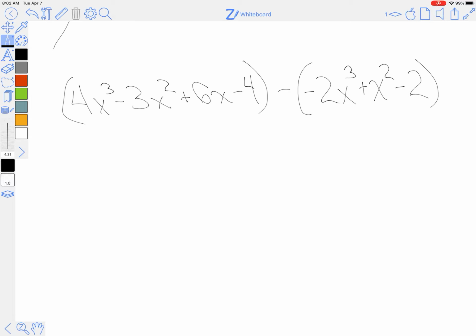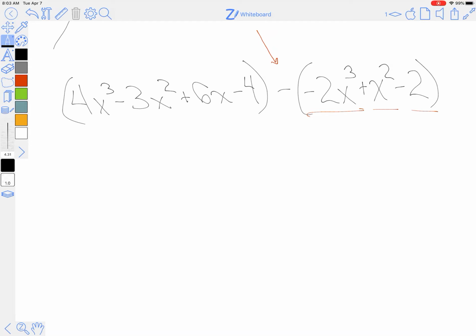All right, so like I said before, you guys have done these before. We did these in pre-algebra. And one of the big mistakes that people make when they do subtraction is they forget to use the subtraction sign for every single number or term in this second parenthesis.